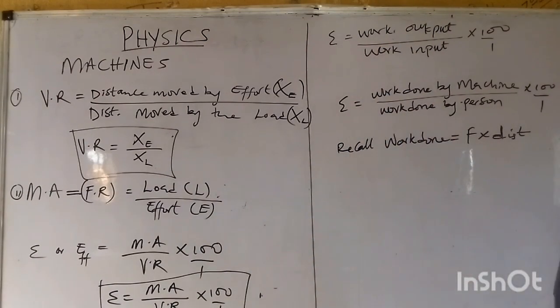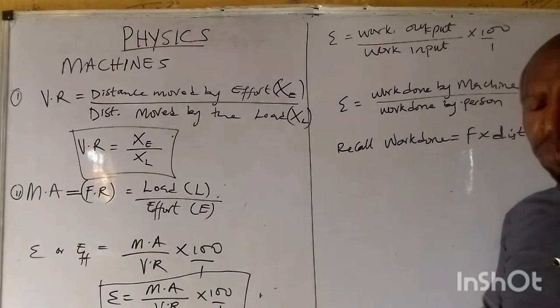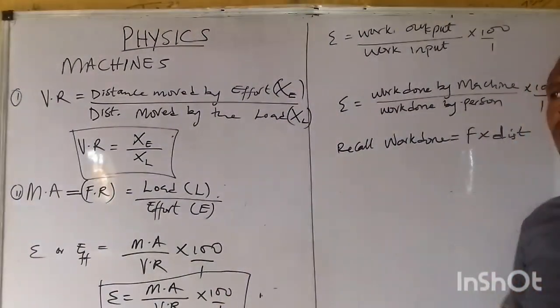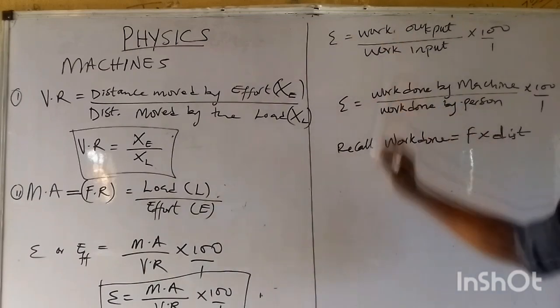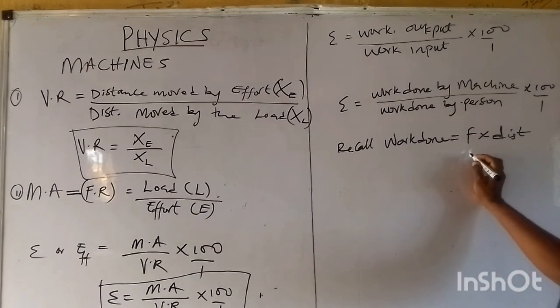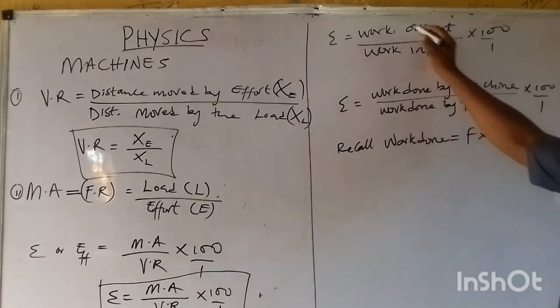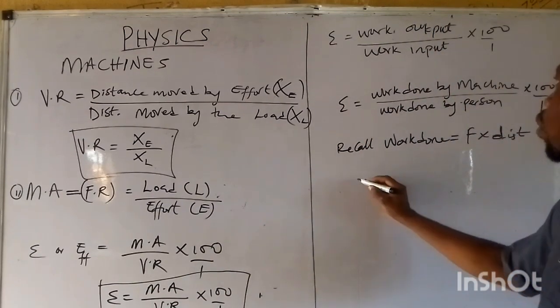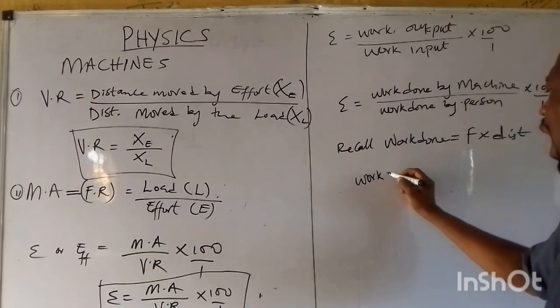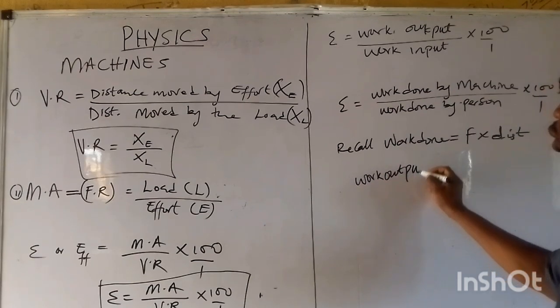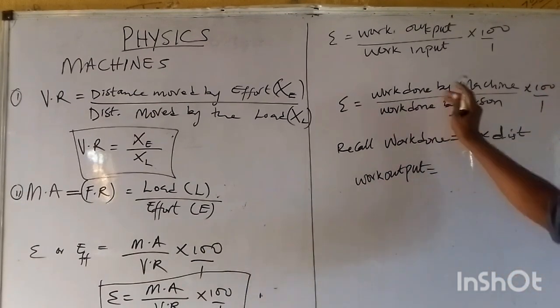Now in this case, the output is because you have the intention of raising a load. The output now is force, and that force is the load. So here we have that work output, which is this force.